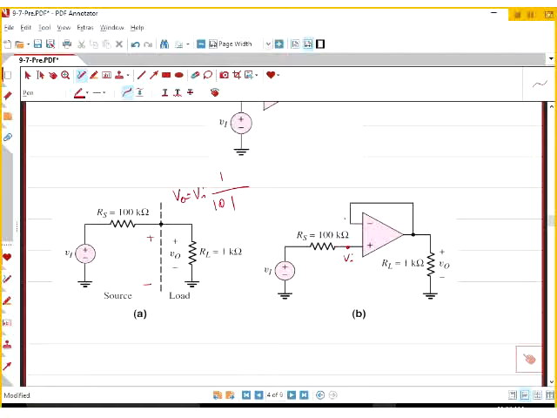If this is the VI, here is VI, here is VI. You're done. Got the point? So in the second case, you have 100% of the input voltage coming to your load. First one, you only get 1% of it. So the voltage follower is correct. It just isolates output and input.